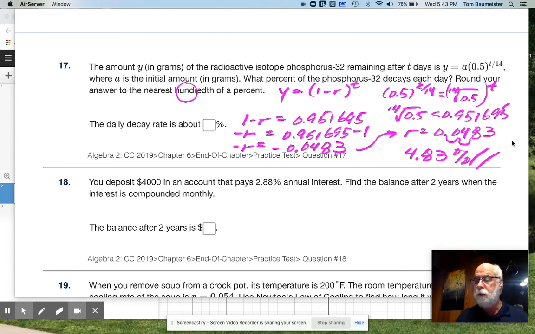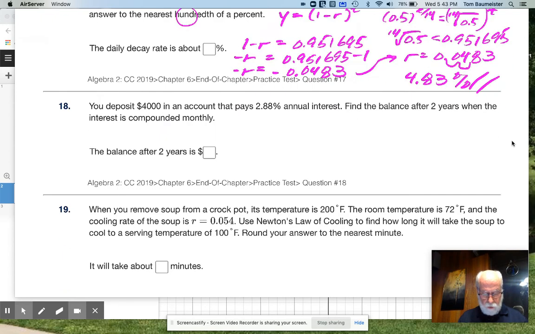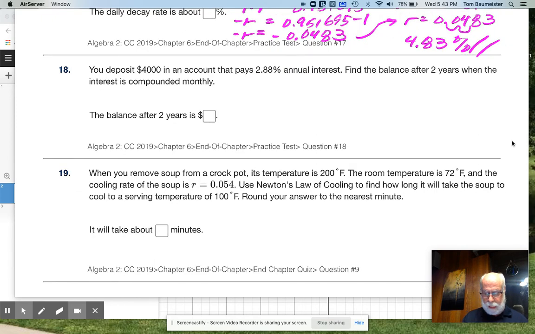Okay, let's see. Number 18, you deposit $4,000 in an account that pays 2.88% annual interest. Find the balance after 2 years when the interest is compounded monthly.